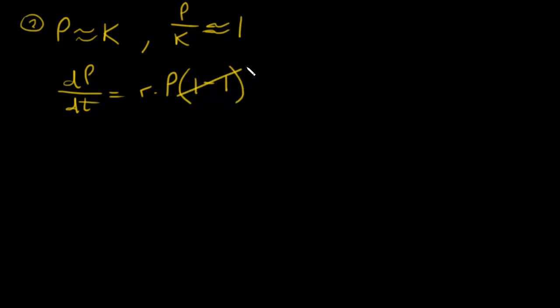Well, 1 minus 1 becomes 0, so the rate of change of the population is almost 0. And that makes perfect sense. When the population is exactly the same as the maximum population, you want the growth rate to be 0.